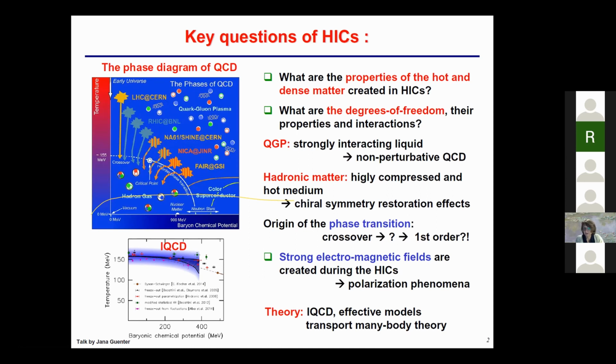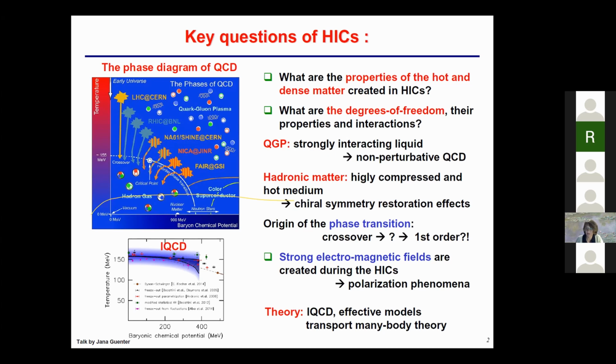By the way, in the lower part of the diagram we have the hadronic world, which is also incredibly interesting because we create a hot and highly compressed hadronic medium. And here we have another interesting effect, for example, chiral symmetry restoration. Indeed, one of the key questions discussed extensively in this workshop is: what is the origin of the phase transition, if there is one at all?